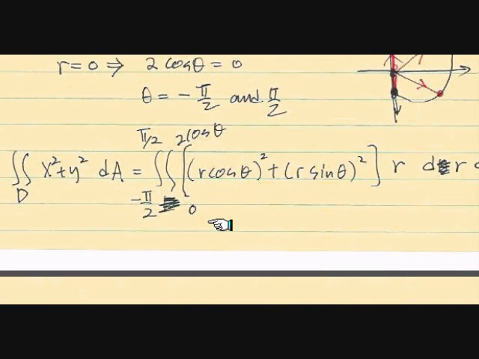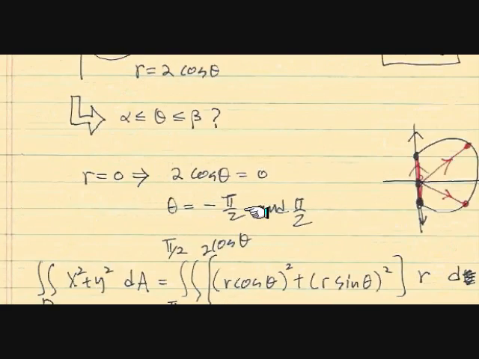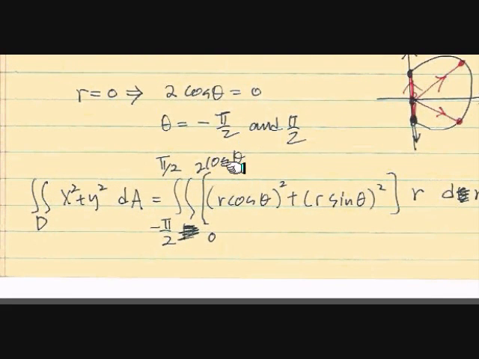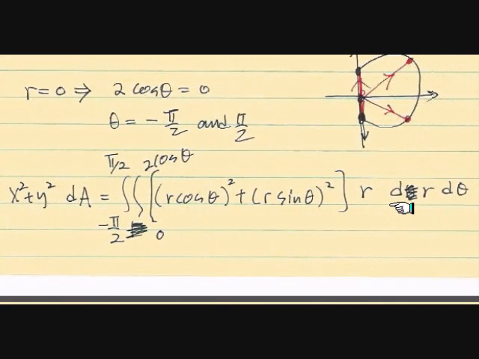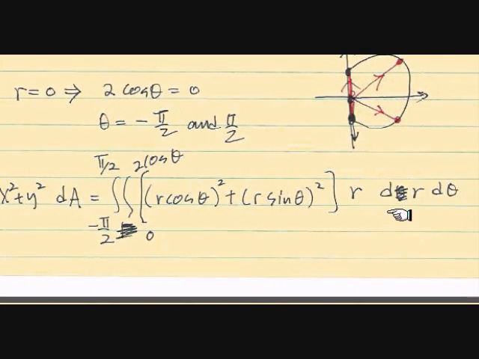Let me show that again. Given a theta value, r varies from 0 to 2 cosine theta, right? Given a theta value, r varies from here to there. And there is this Jacobian factor. It's not showing completely, so let me move it over here. So that's the formulation.